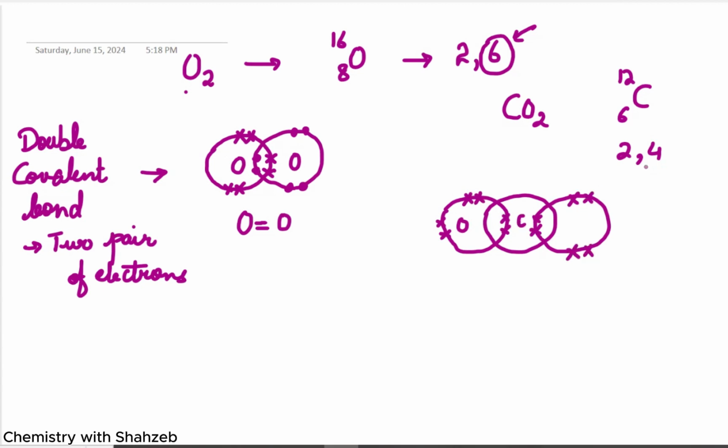It has 4 electrons in its outermost shell. So 2 will come here and 2 will come here. So you can see that there is a double covalent bond that is developed between carbon and oxygen on both of the sides like this.